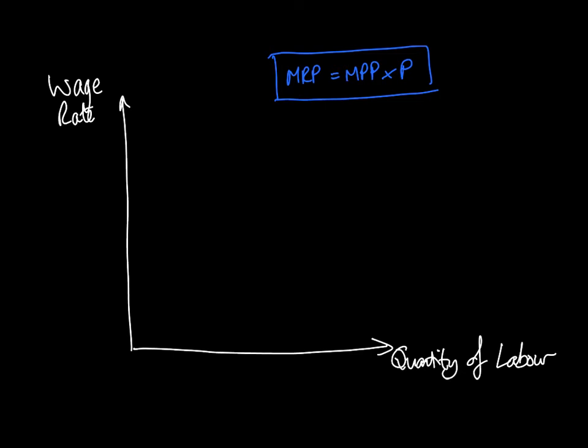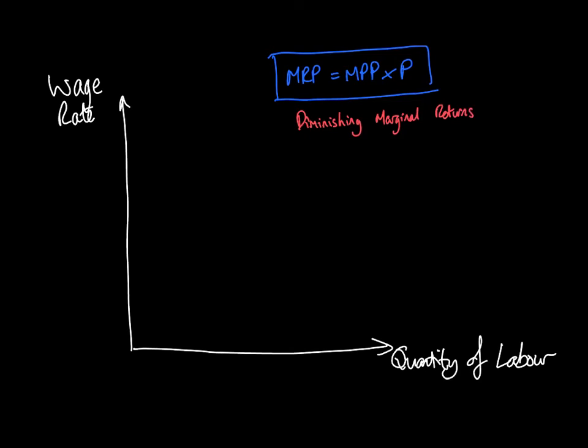So we're not going to consider price change in terms of the actual drawing of the curve here. So really all we're thinking about in terms of determining the shape of the MRP curve is the MPP curve, the marginal physical product. And what we've got here as well is another really important concept that you will have covered earlier in the course, which is called diminishing marginal returns.